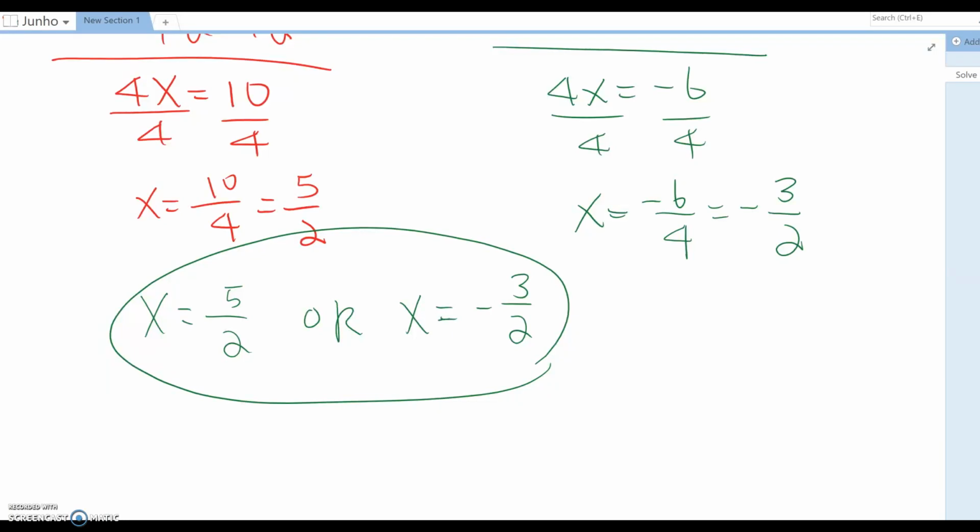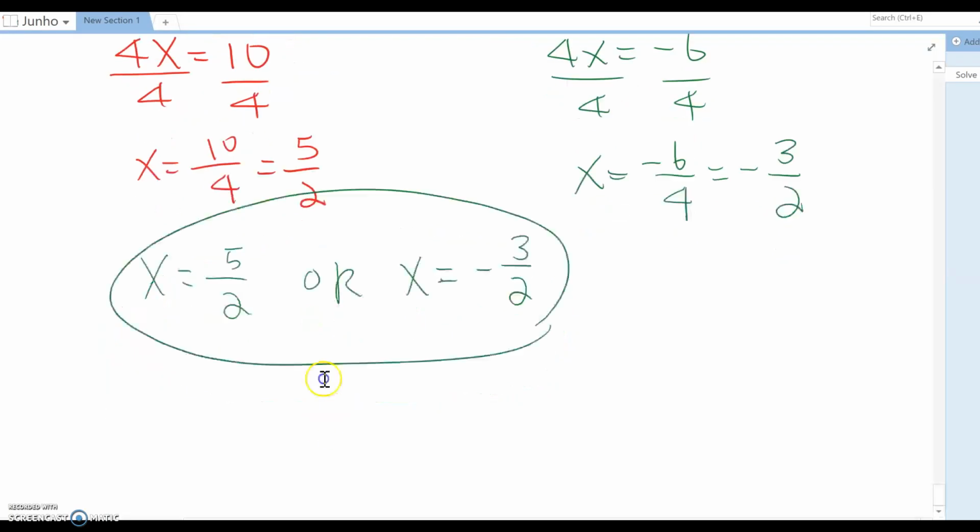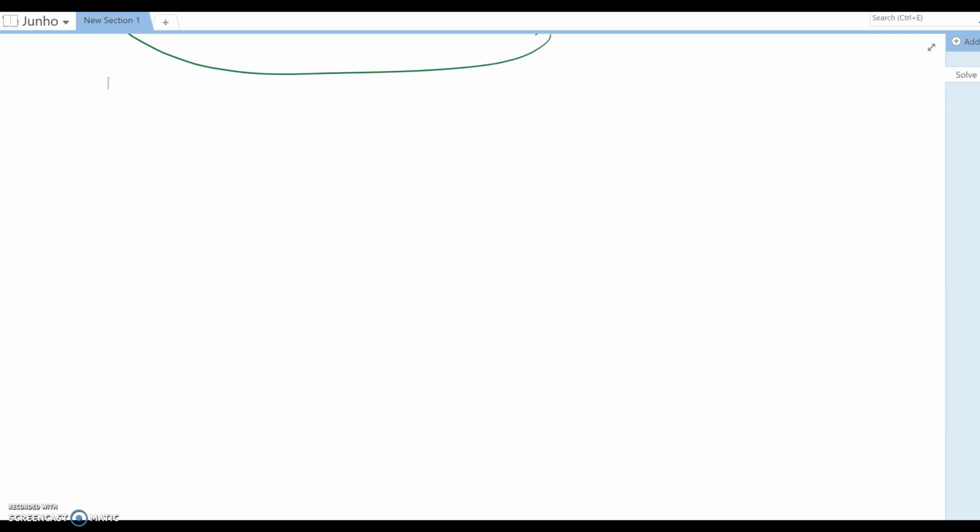So from now on, we will do a little bit more advanced absolute value equation, such as |4w + 5| = |2w - 3|.